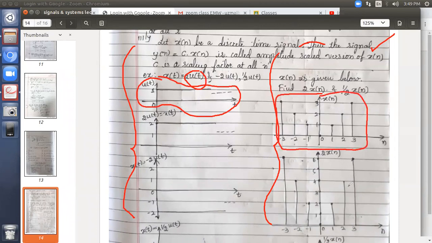Some signal, for example, extending from -3 to +3, some 7 points. This is the signal. It looks like the amplitude is 1, 2, 3 at different times. With this signal as a reference, we have to find 2x of n. So 2 is associated with the amplitude, c into x of n. So c is 2, a constant amplitude of 2. Your signal amplitudes, which are different at different times, 1, 2, 3, you have to multiply by 2. How to do that? Let's see.